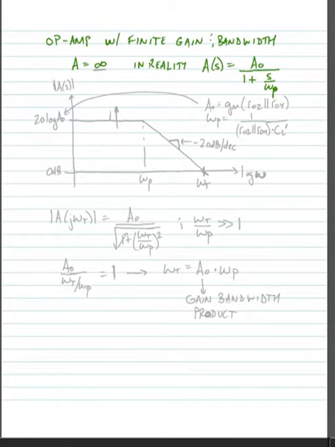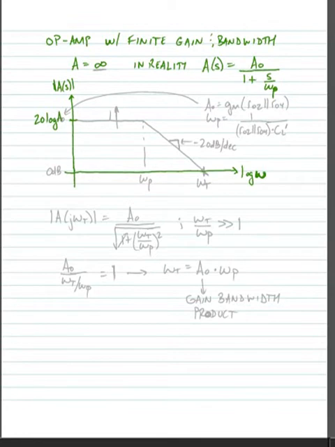So if we were to plot this on a Bode plot, just the magnitude, we'll start looking at phase in a bit. So we plot this versus log of omega. This is our function A of s, magnitude.